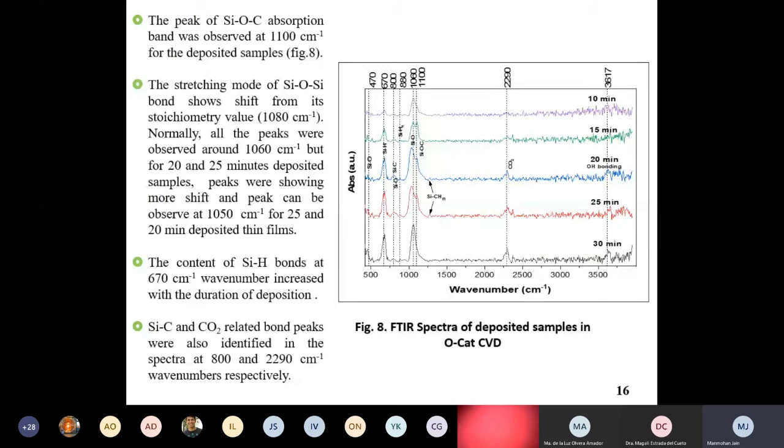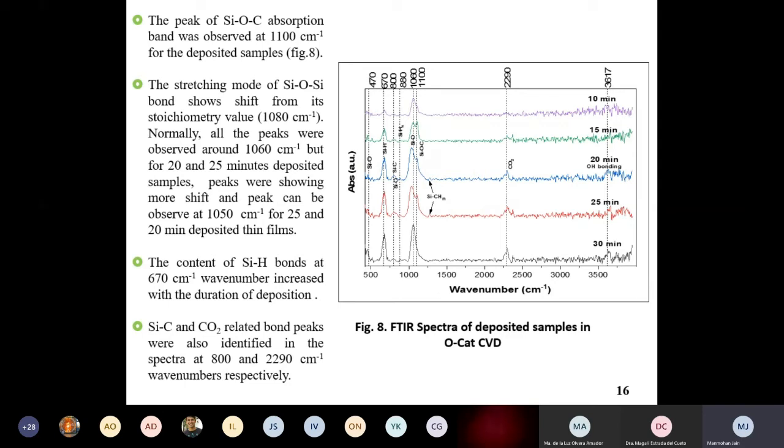If we see the FTIR spectra, we can see an absorption band at the wave number of 1100 cm⁻¹, which is a peak of the silicon oxycarbide thin film, and another peak near 1060, which is shifted from its stoichiometric value of 1080 of the Si-O-Si bond.